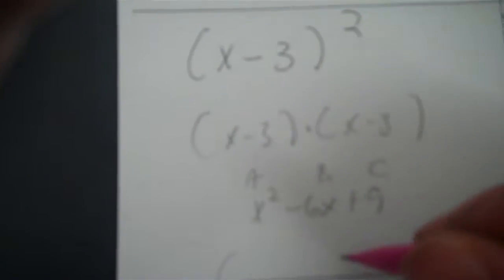Now chart that to get back here. It's positive 9. Sum of 6, no, 3, 3. So what's (x - 3) squared?